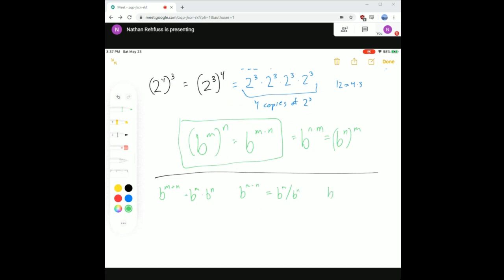Anything to the power of 1 is that same number. Anything to the power of 0, except for 0 itself, is 1. And we just found out that b to the m to the n, nested exponents, are the same as multiplying those exponents. So from a simple definition, we've got these 5 different cool properties, and we'll come up with a couple more in the next lesson.